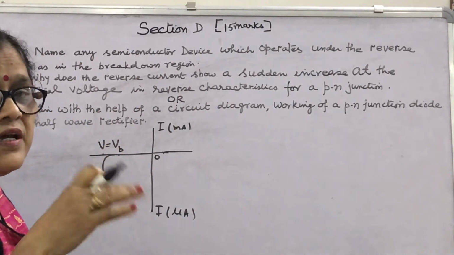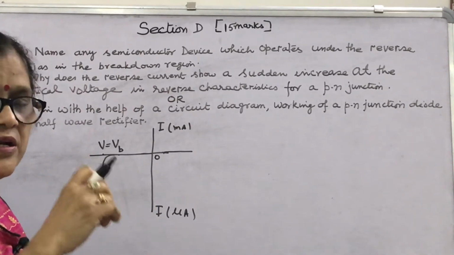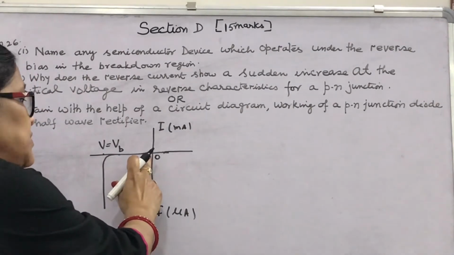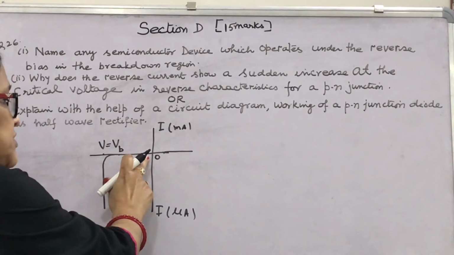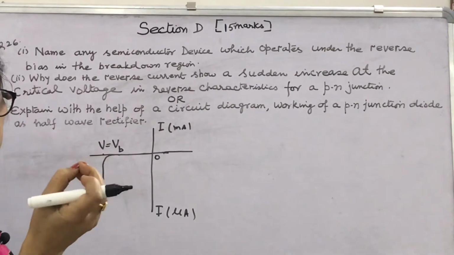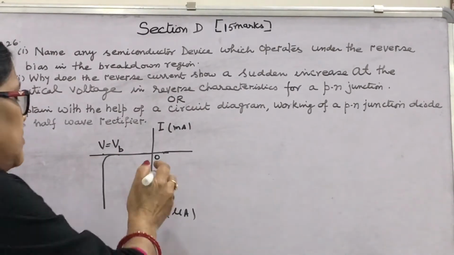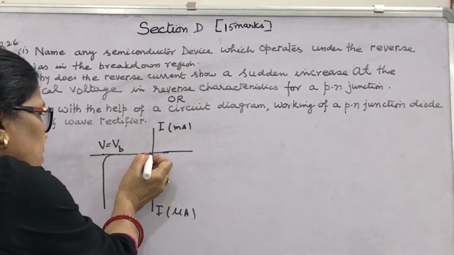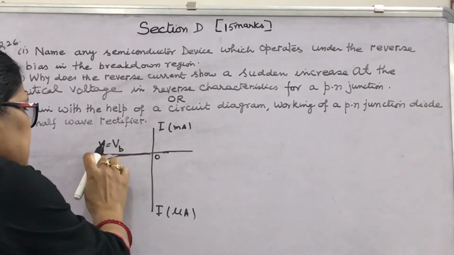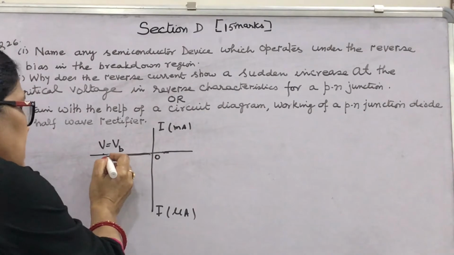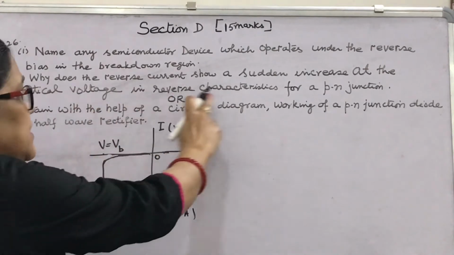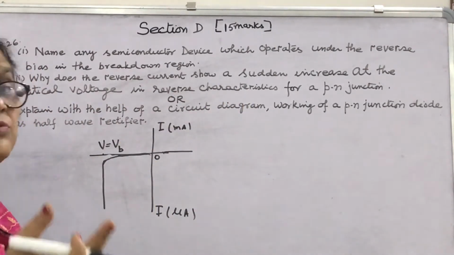Minority charge carriers are electrons in P and holes in N. When the reverse bias voltage increases, only a few minority carriers are there, so a negligible amount of current flows. Then at a particular voltage there is a sharp increase in current. Why?